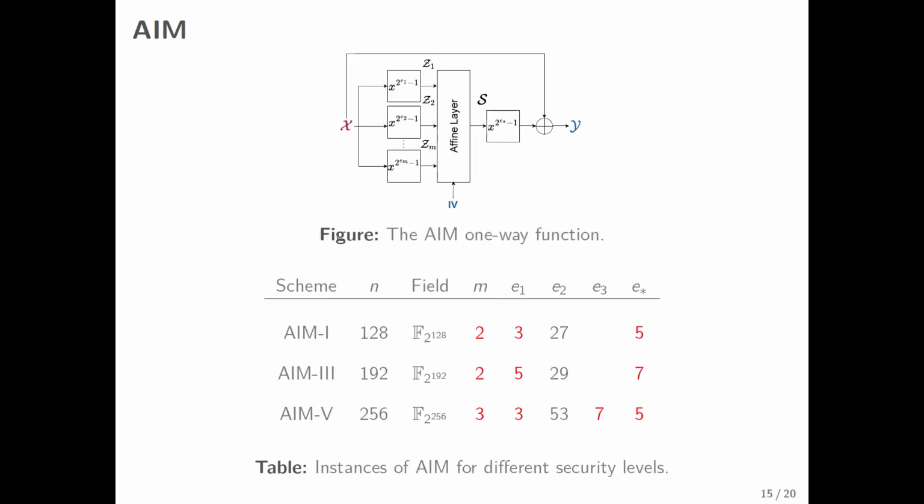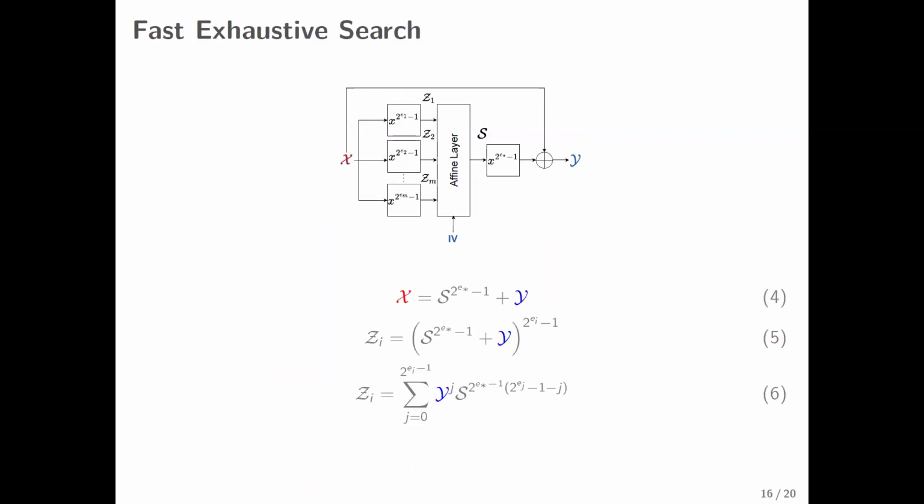So there are 3 instances of AIM for the 3 security levels that NIST requires. And in all 3 instances, all except one of the exponents that are used in the Mersenne S-boxes are small. And we're going to exploit this small exponent and try to break the instances of AIM. So therefore, the first step is to model it as a polynomial system.